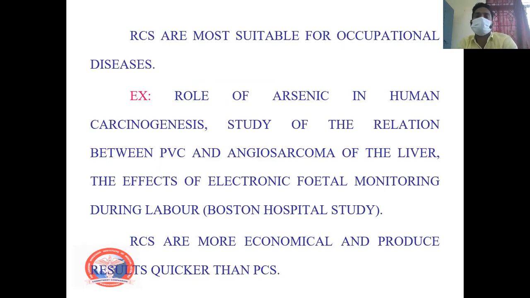Retrospective cohort studies are most suitable for occupational diseases. Examples: role of arsenic in human carcinogenesis, study of the relation between PVC and angiosarcoma of the liver, effect of electronic fetal monitoring during labor. Retrospective cohort studies are more economical and produce results quicker than prospective cohort studies, because they are record based. We don't need to waste money on follow up.